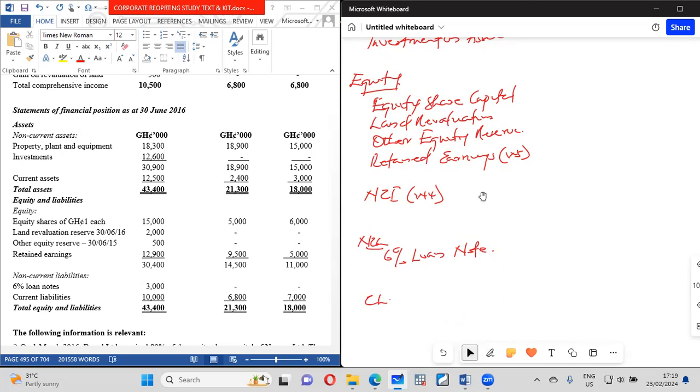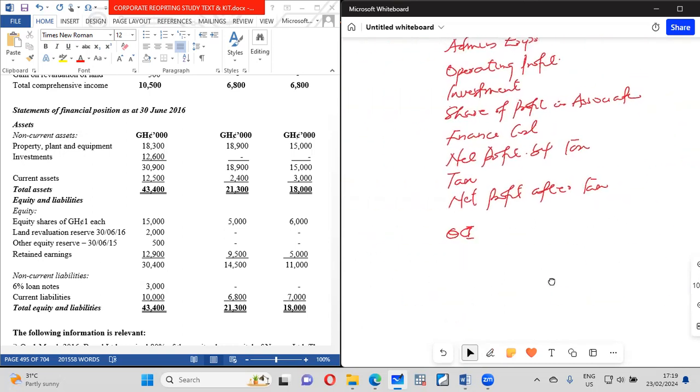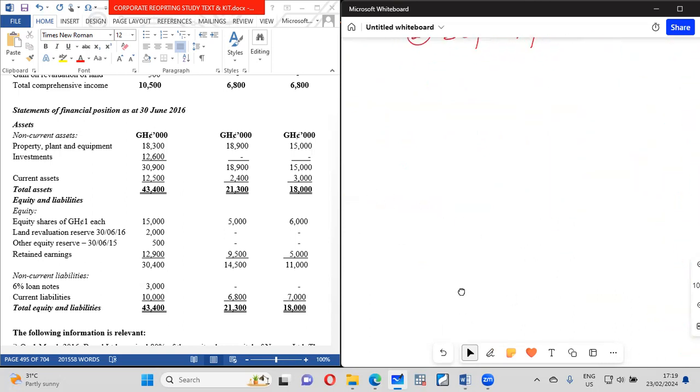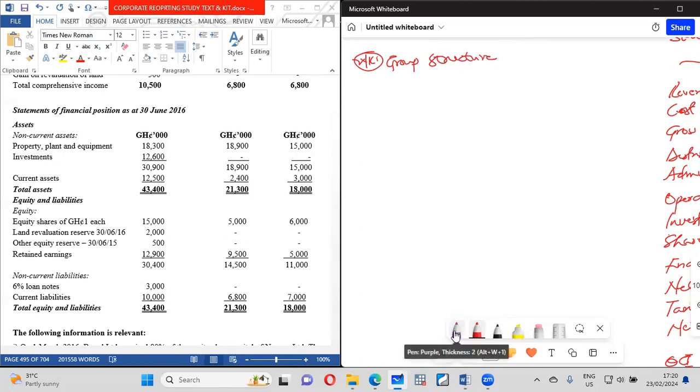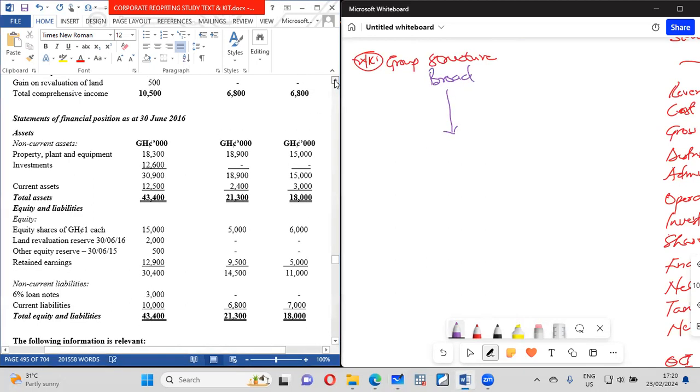Now, let's go back and start solving the question using the notes that are there. So we come here, we set up our workings. Workings 1, we call it our group structure. We are told that we have Broad as the parent, and there is Broad and Narrow.